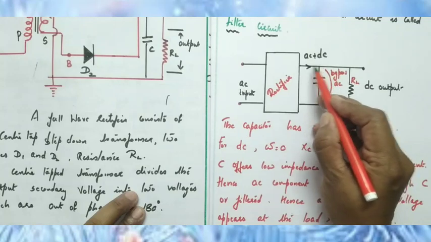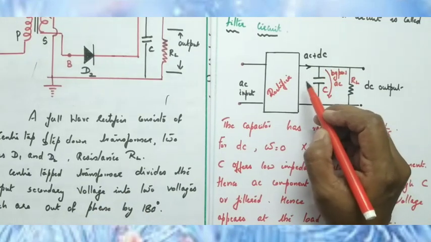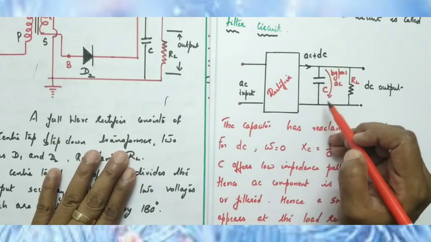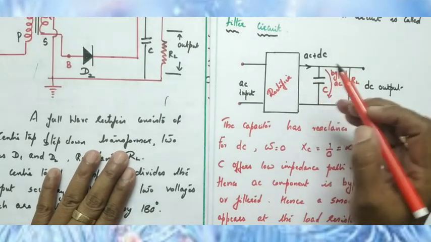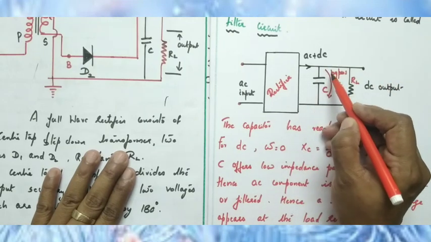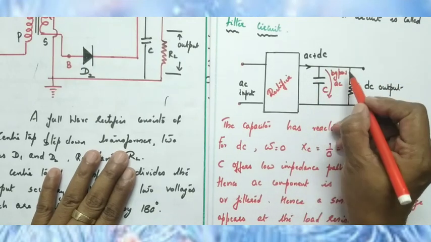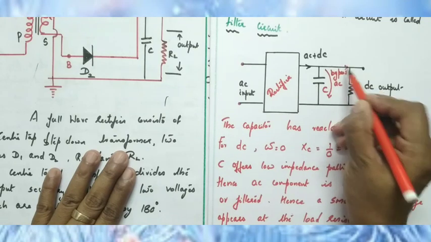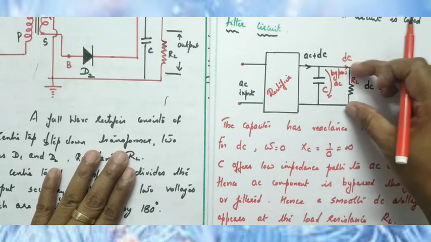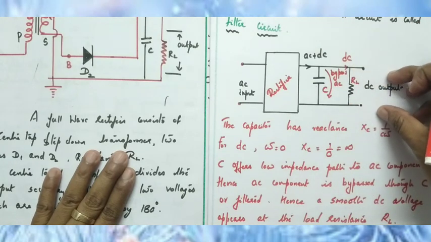If AC and DC are the voltage output of the rectifier, what if a capacitor is connected here? The capacitor bypasses AC. We know that a capacitor allows easy passage to AC and blocks DC. So the AC components or AC ripples pass through it. What happens to the output? Output contains only DC. That DC passes through the load resistance and we get the perfect DC output.